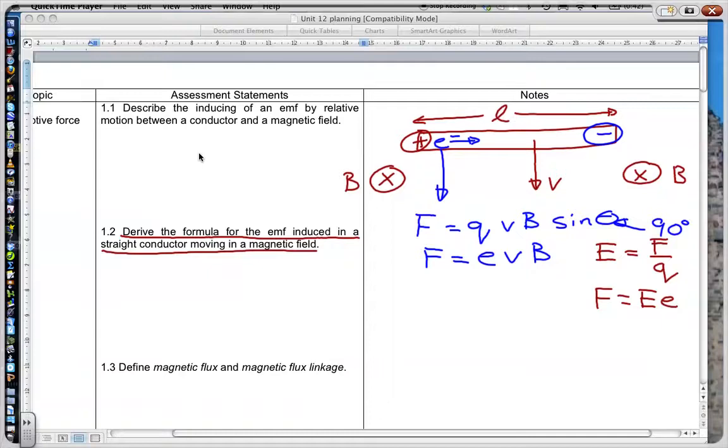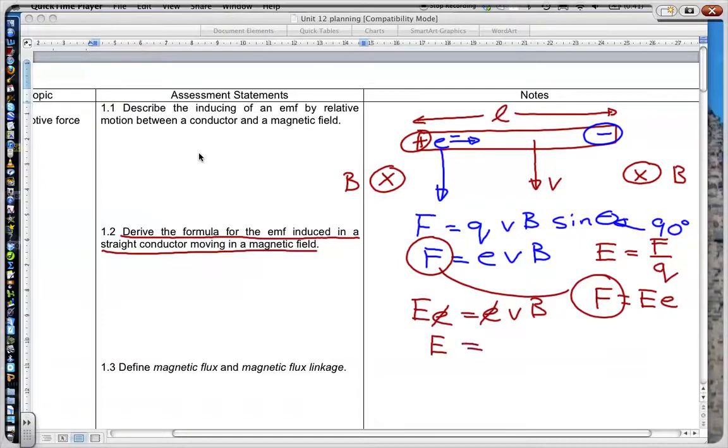So I can replace this force by this eE, and I get eE, electric field times the charge on the electron, is equal to eVB. And what happens is my small e's cancel, and I've got my electric field strength is equal to VB. Now, we can consider that we have got this electric field strength, and this is similar to parallel plates.